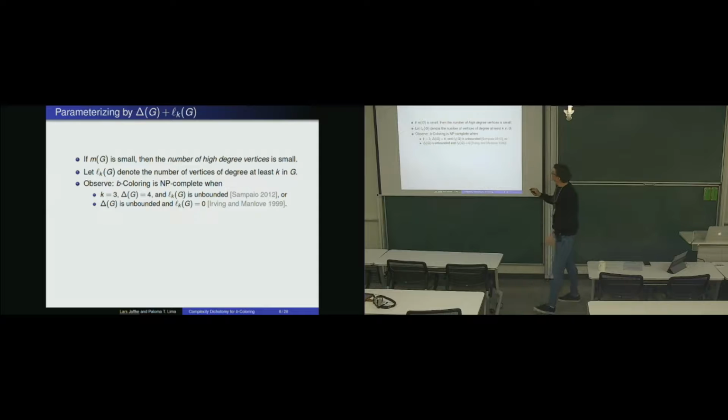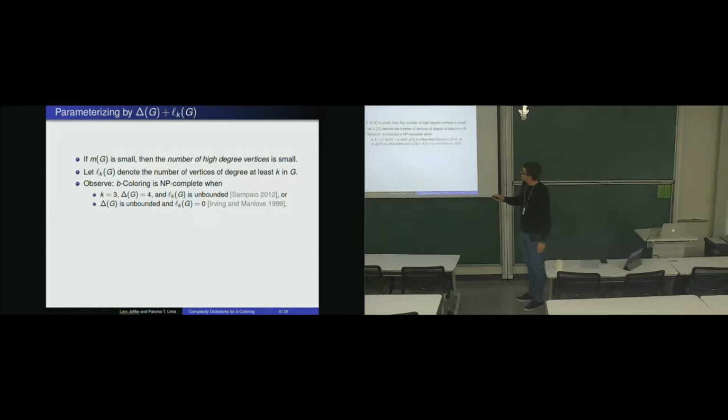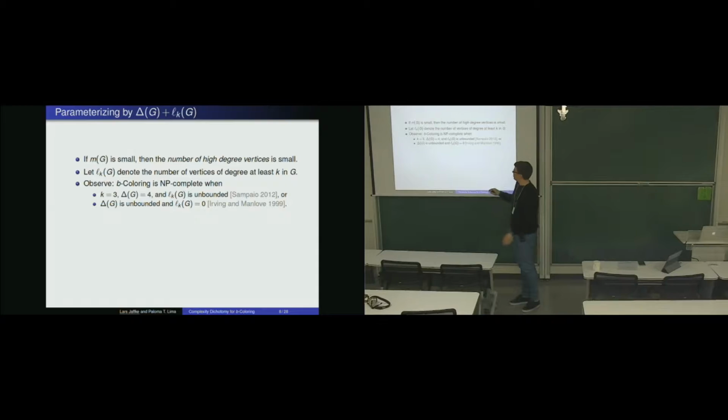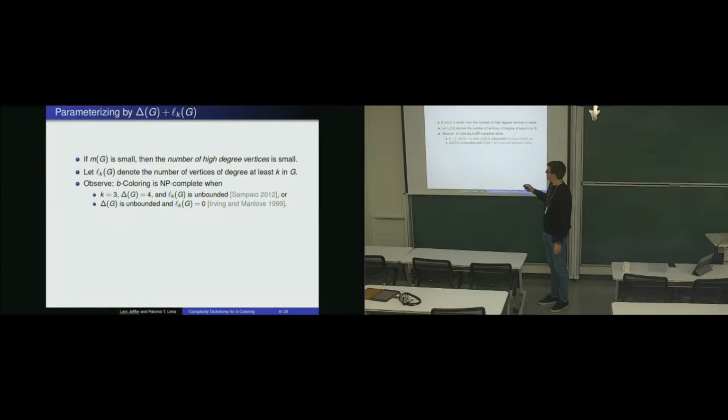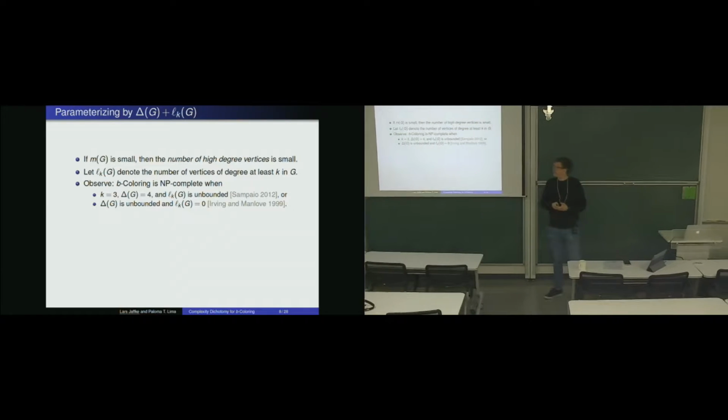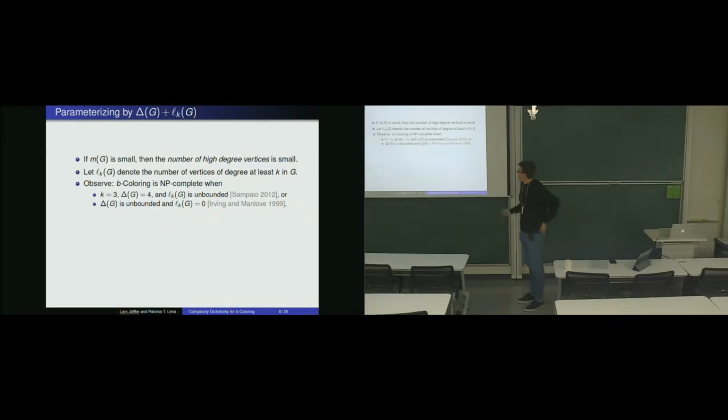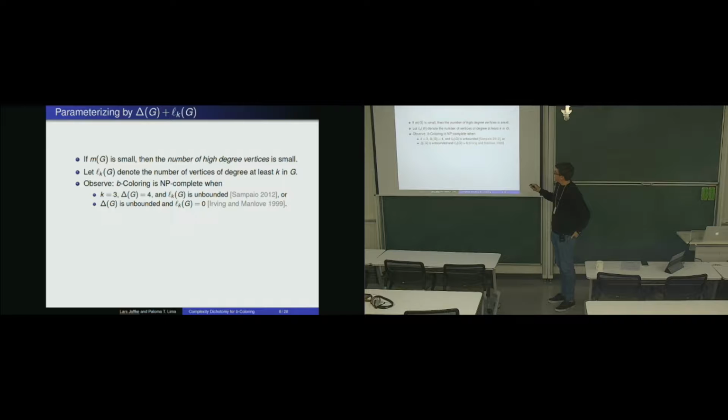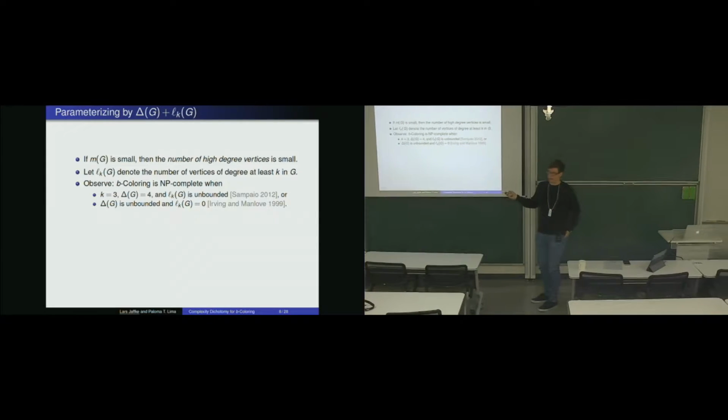Okay, so if we look at this Lk, then we have that B coloring is NP complete when Lk is unbounded, and we are only looking for a 3B coloring of a graph with maximum degree 4. And then furthermore, if Lk is 0, but the degree is unbounded, then the problem is also NP complete.